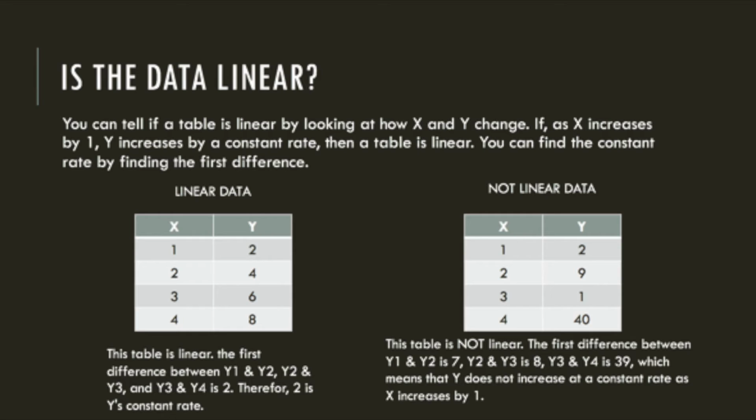One is linear and one is not. The data on the left is linear. y is increasing at a constant rate of 2 in relationship to the change in x, which is 1. The data on the right is not linear. y is not changing at a constant rate.